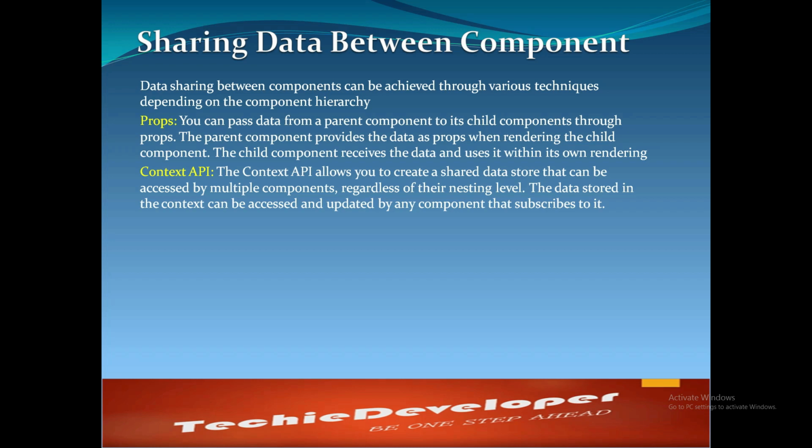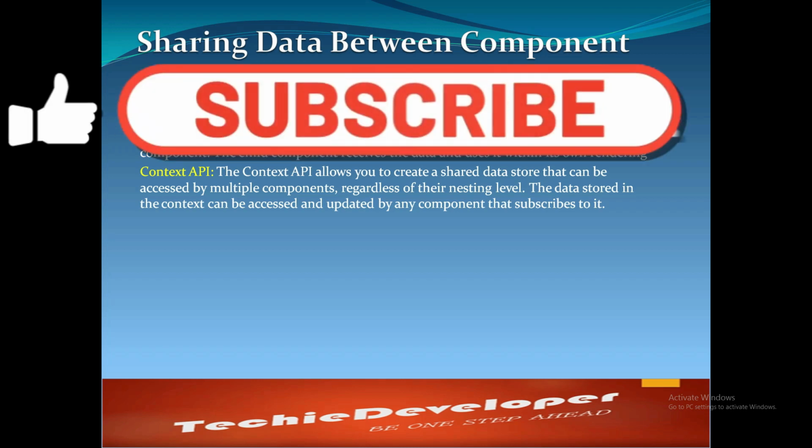Whenever we want to share the data, we will set or put that data into that data store, and that data store is accessible to all the components, and that data can be modified by any component. So this is the second approach, the context API. Irrespective of the nesting level, we can use the context API.